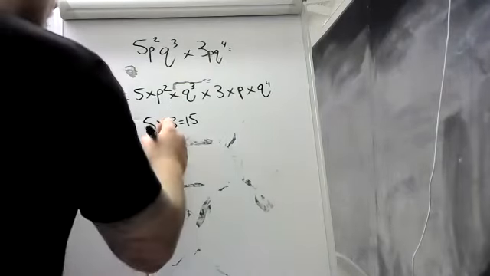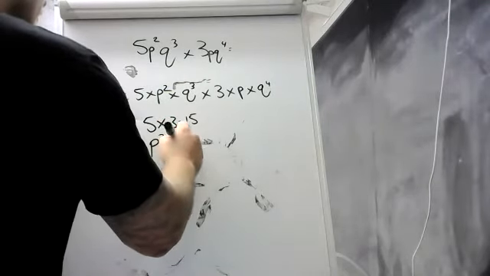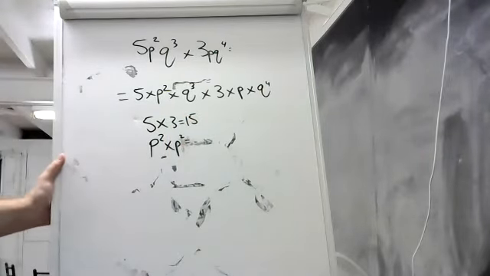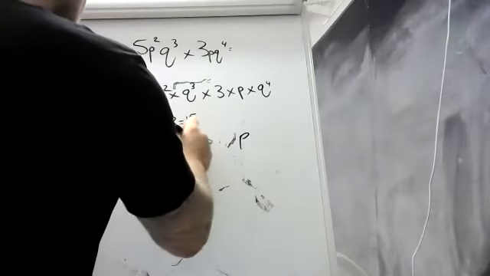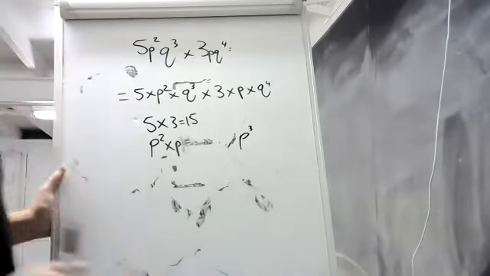P squared times P. We know from our multiplication rules, we add the powers, so it'll be P cubed.